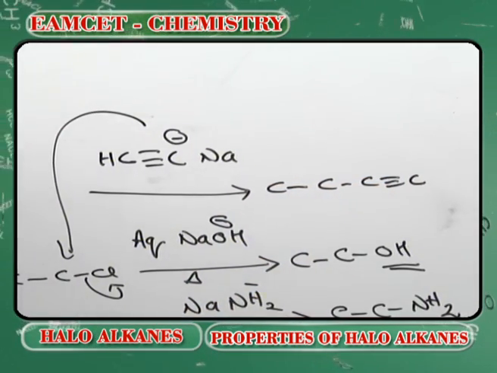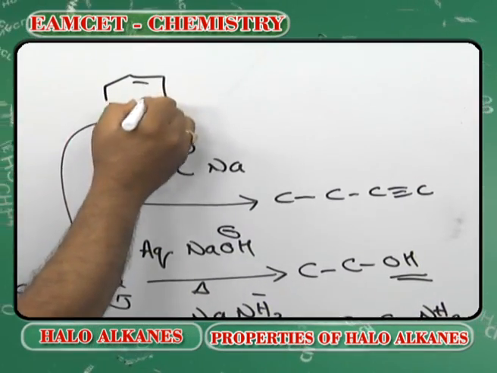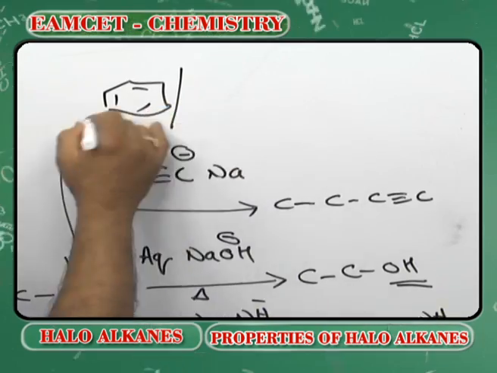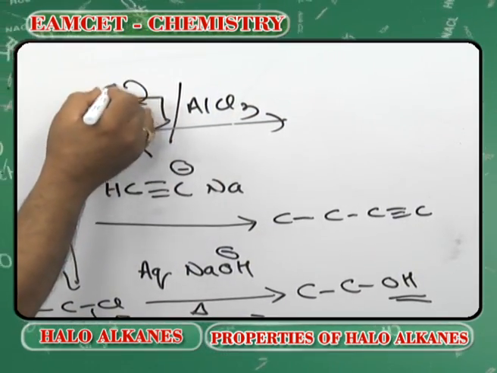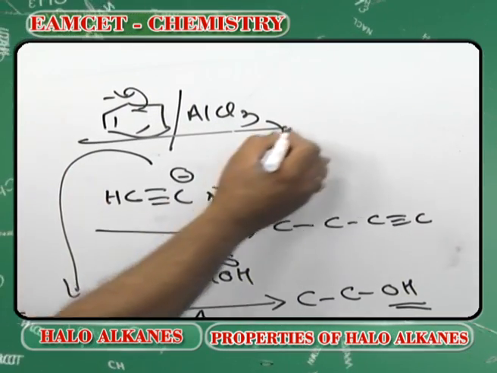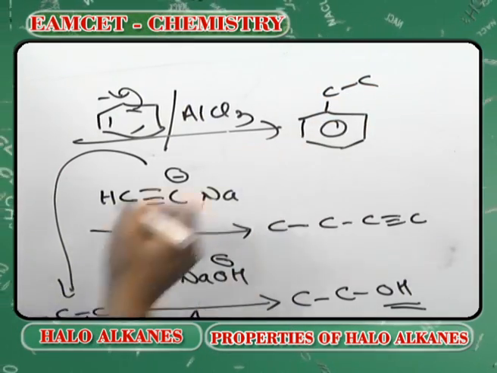An alkyne group will be introduced. You can take benzene. If you take anhydrous aluminum chloride, then the ethyl chloride polarizes into plus and minus, and you get the Friedel-Crafts alkylation.